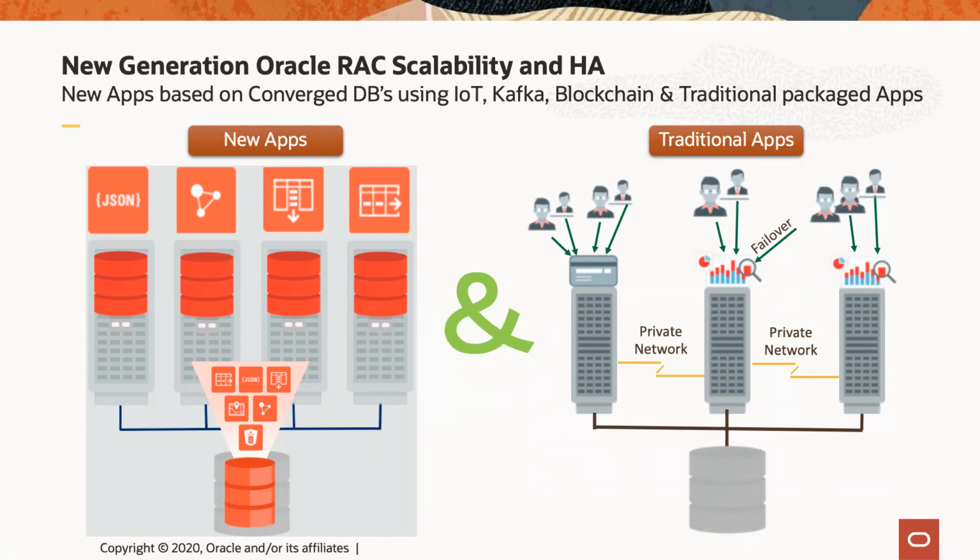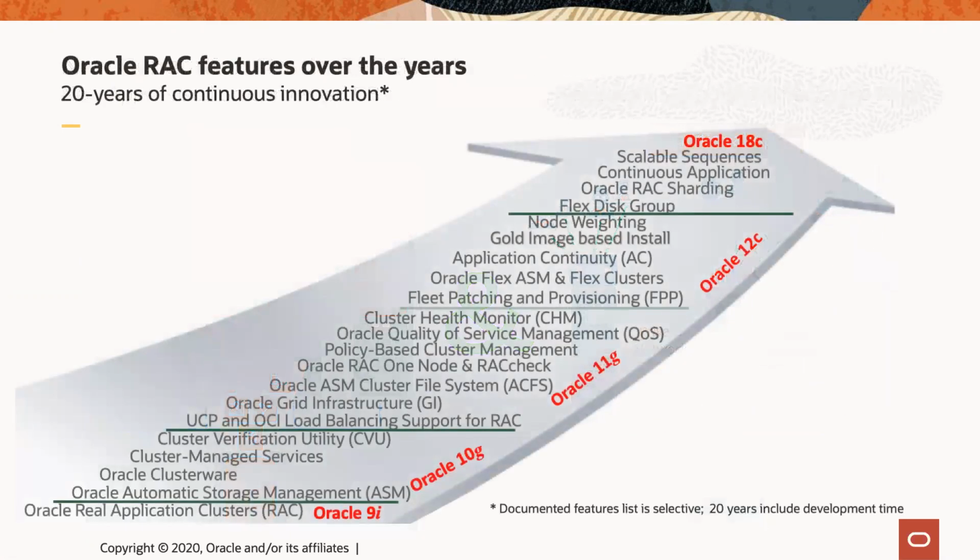This new application would work with Oracle RAC along with the traditional application, which has been working for a long time. So basically, this new generation technology allows all kinds of applications to scale and be highly available with Oracle Real Application Clusters.